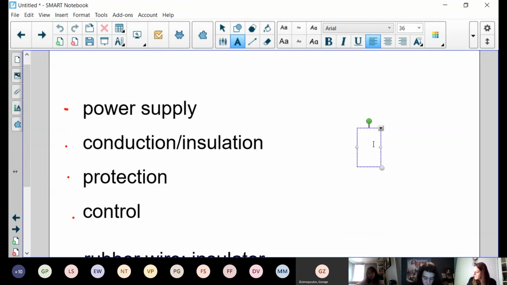Okay. Next, who can tell me what a fuse is part of? A fuse. Let's see your answers. Yes, excellent. A fuse and a breaker.